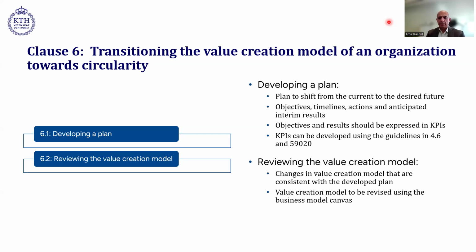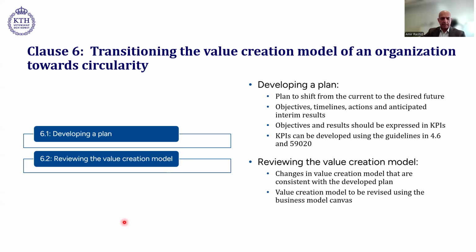The guidance for all those KPIs is available in 59020, which is primarily on measurement and monitoring. What is important is the value creation model. That's where things will happen, right? And that's the second clause, reviewing the value creation model.